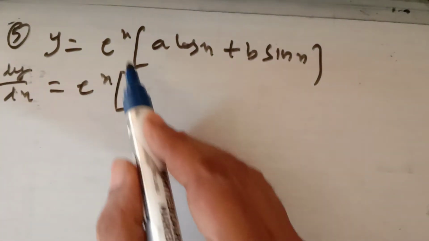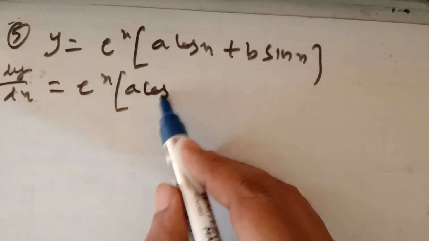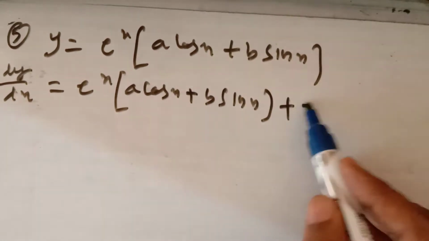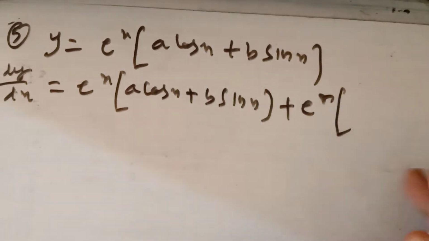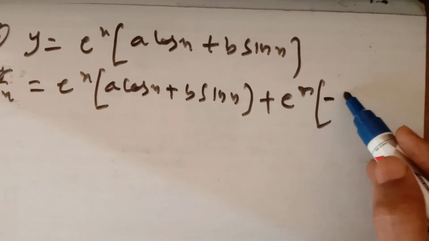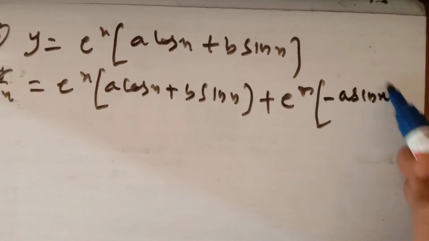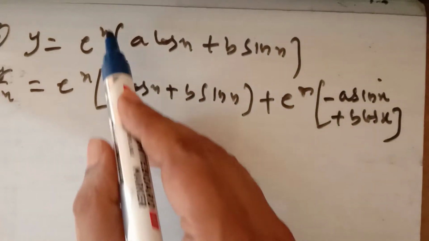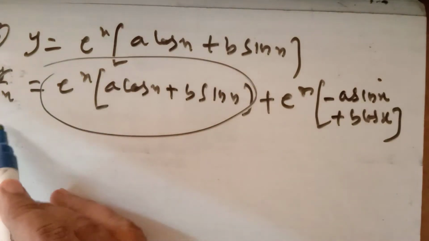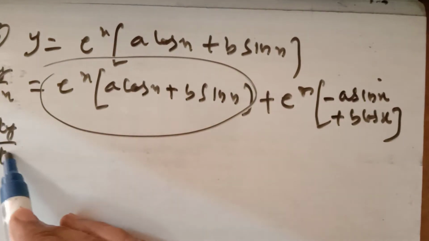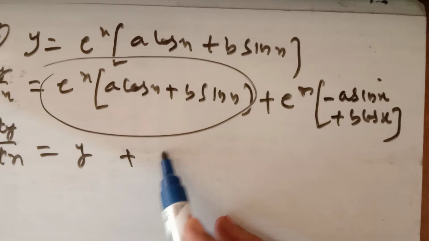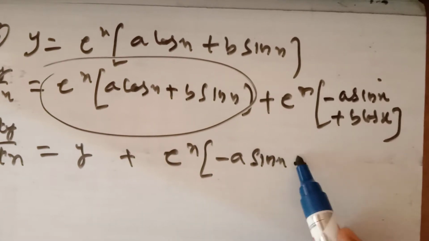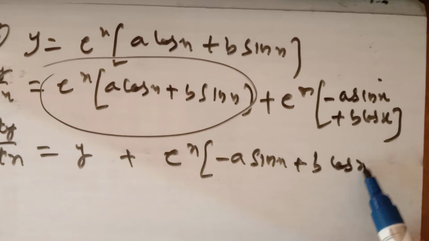First of all I have differentiated e^x, then I am differentiating the bracket: the derivative of a cos x is minus a sin x plus b cos x. In place of this I can write y, so it is equal to y plus e^x(minus a sin x plus b cos x).